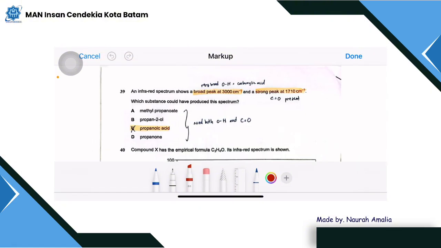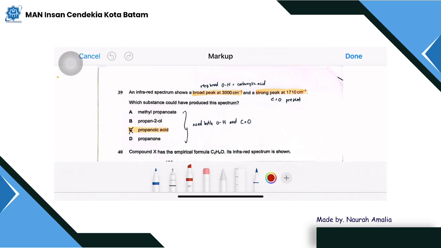Question number 39. An infrared spectrum shows a broad peak at 3000 cm-1 and a strong peak at 1710. Which substance could have produced this spectrum?